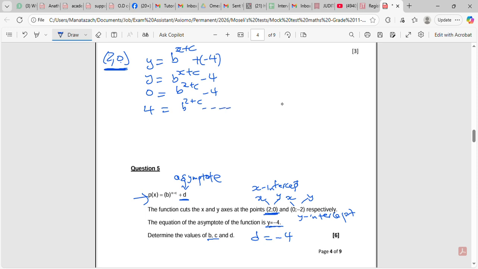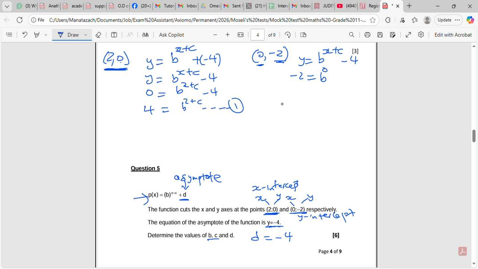And then I'm going to move on to the next coordinate, which is our y-intercept. I'm going to write it up there, which we have (0, -2). Okay, I'm going to write the very same equation. Remember, we already know what d is, so I'm just going to replace d by -4. Now, in this case, y is -2, x is 0, so I'm just going to put 0 there, plus c, minus 4.